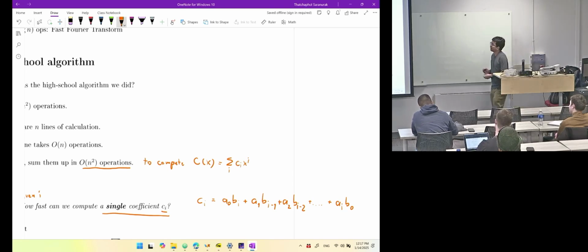So you can just see that this is how the ith coefficient of C is.